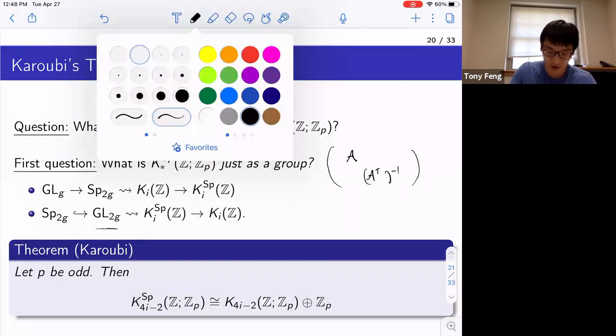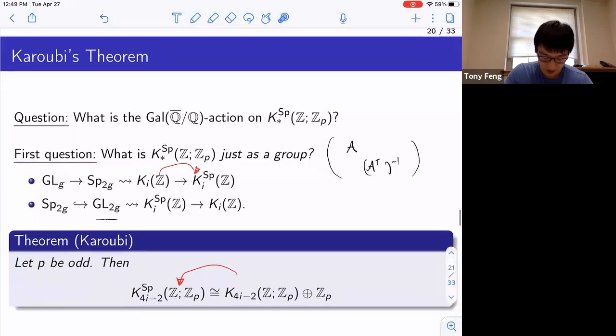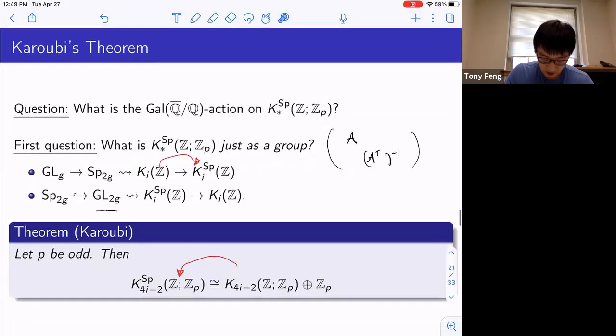And the maps can be taken to be the ones that I just explained. As I understand it, a recent series of papers by nine authors clarifies what happens when p is 2, for example. But the theorems that I'm going to state are only for p being odd.